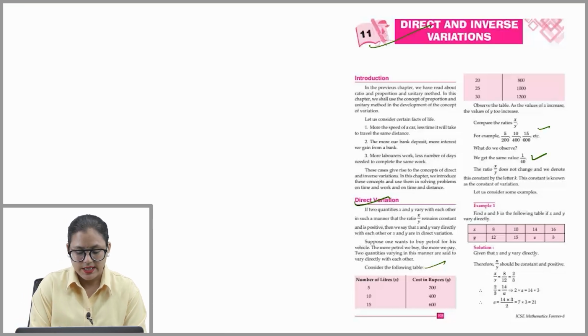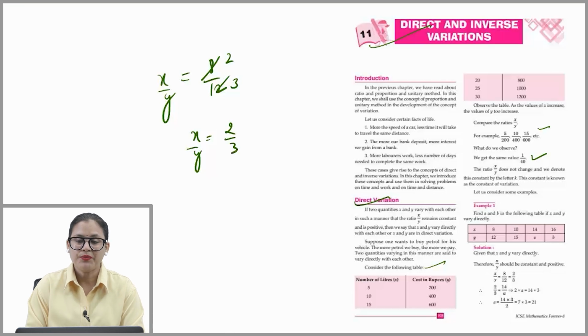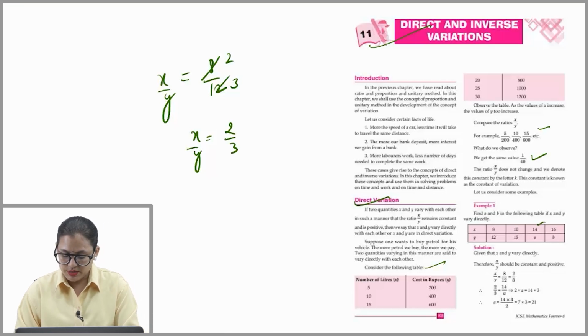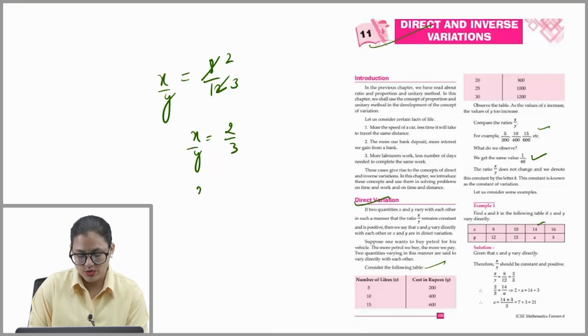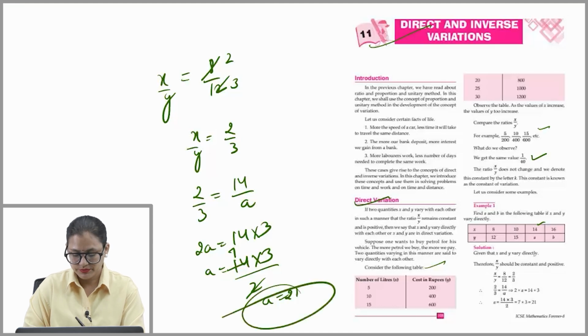We have to find the value of a and then b. So x by y, that is 2 by 3, is equal to 14 by a. 2a is equal to 14 into 3, and a is equal to 14 into 3 by 2. So a is equal to 21.